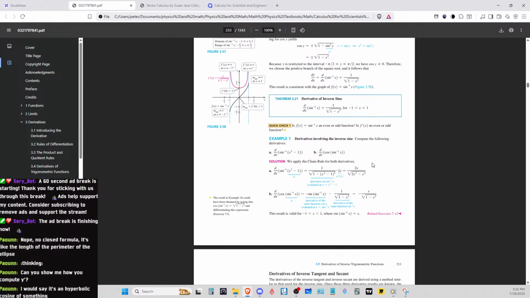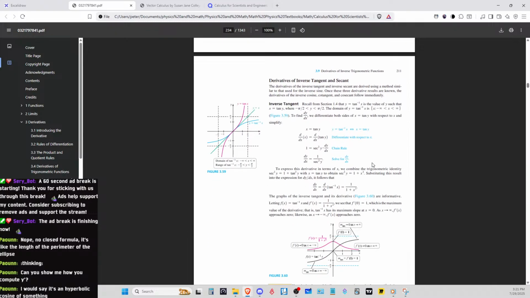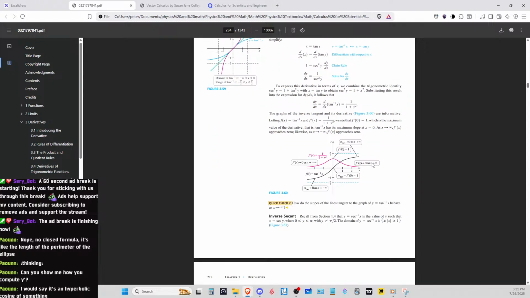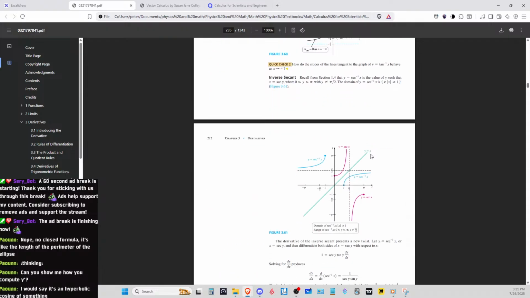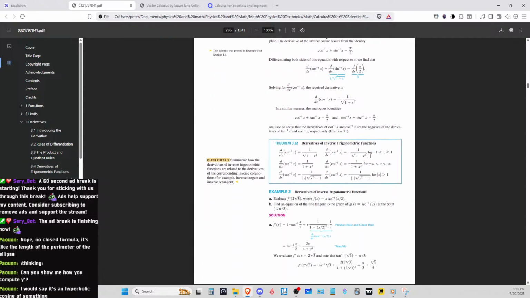Oh no, these are 1 over. I would say it's a hyperbolic cosine of something. Could be. And here we go. I always forget these. Yeah, because the... Oh, okay, so tangent is like this. Okay, so probably not that.